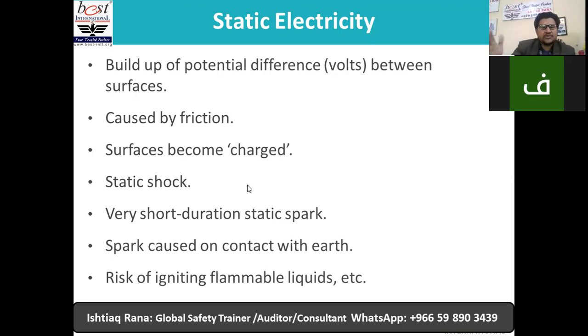What is your way to avoid static electricity? Or if it is there, how is it being managed, through bonding or through grounding, or what other methods are there? Or you have not at all static electricity anywhere within Sadara. It's a good learning opportunity.